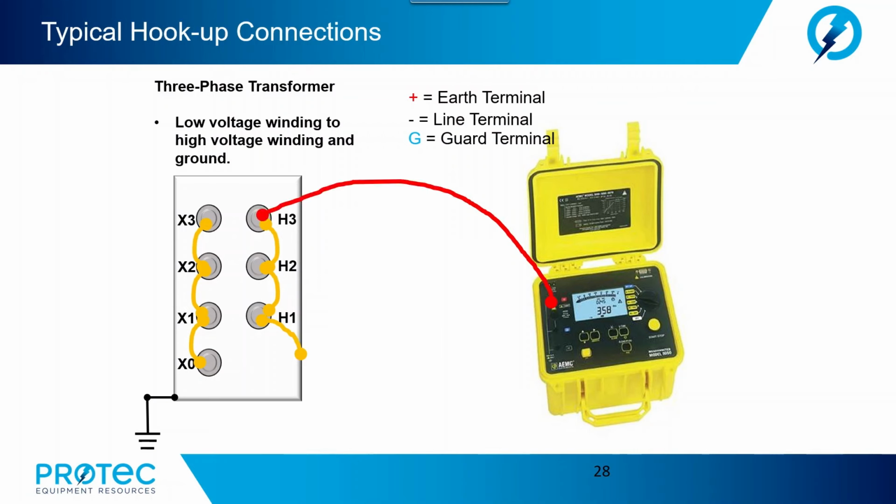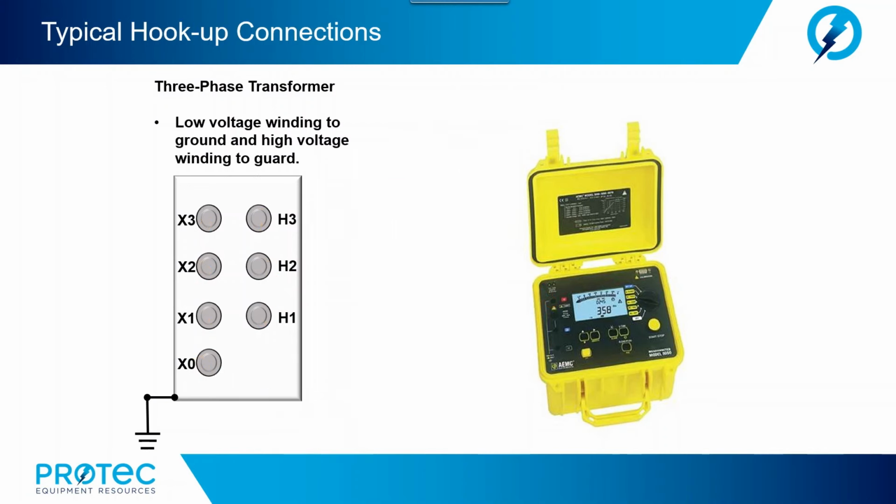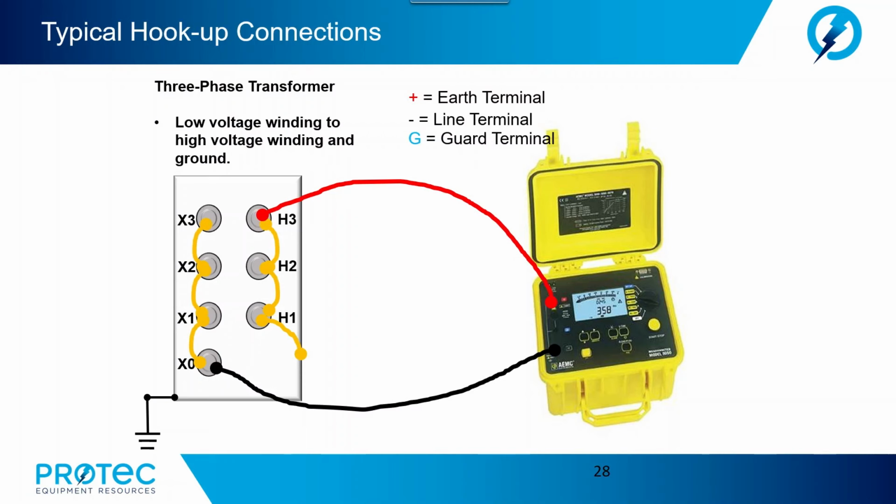Positive test lead would get connected to the high windings, negative lead to the X windings. And in this configuration, we are now measuring the leakage current going from the low voltage windings to the high voltage windings and the leakage current going from the low voltage windings to ground.